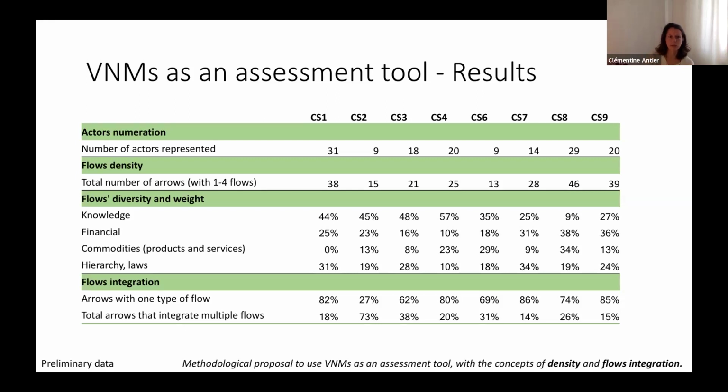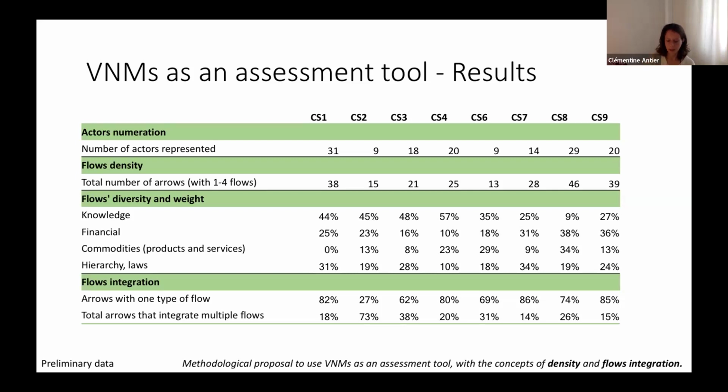And in terms of flows integration in the fourth section, you can observe that in most cases, lots of the arrows are with only one type of flow, and there are mostly 20%, sometimes a bit less, a bit more, of arrows that combine different types of flows.